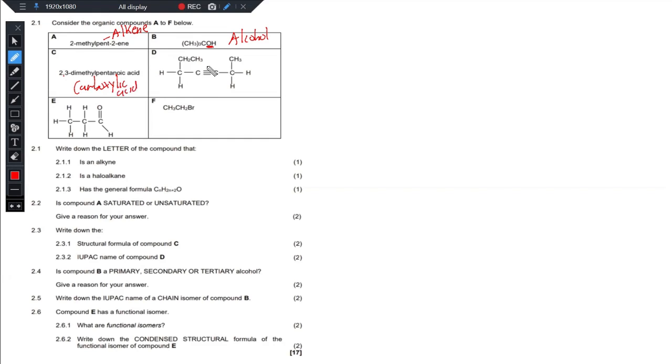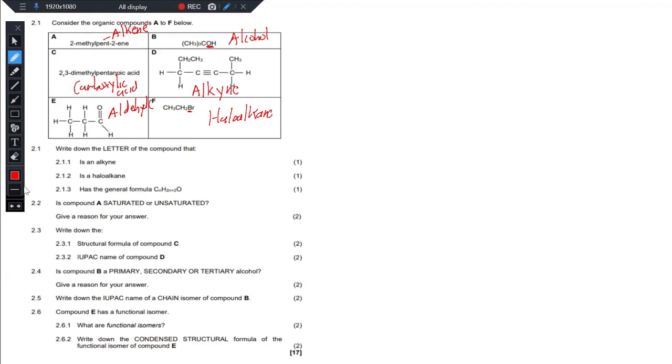And this one here, because of the triple bond, we know that it should be an alkyne, so it belongs in the alkyne homologous series. And then E here, because of the double bond oxygen on the first carbon, we know that this should be an aldehyde, right? And then this F, because of the Br halogen there, should be a haloalkane, right?